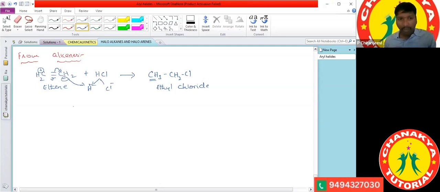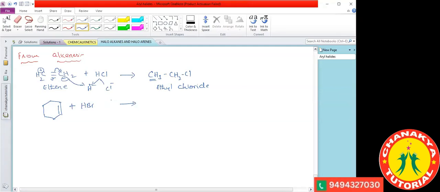Okay, now I'll give one example. Who's going to tell the answer? Cyclohexene undergoes addition of HBr. What is the product it forms here? First of all, is the given alkene symmetrical or unsymmetrical? First, you tell me that. Sir, it's symmetrical. Very good.